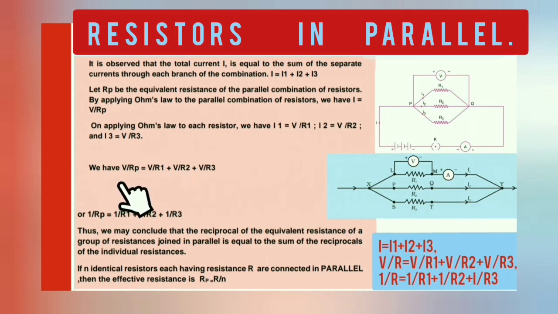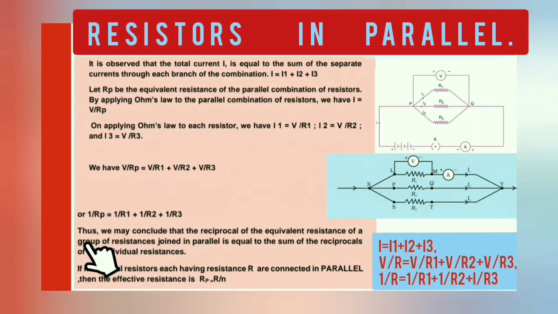That is, V by Rp is equal to V by R1 plus V by R2 plus V by R3. Here Rp is the effective resistance when we connect all these resistors in parallel. R1 is the resistance of the first resistor, R2 is the resistance of the second resistor, R3 is the resistance of the third resistor. So we can conclude that 1 by Rp is equal to 1 by R1 plus 1 by R2 plus 1 by R3.